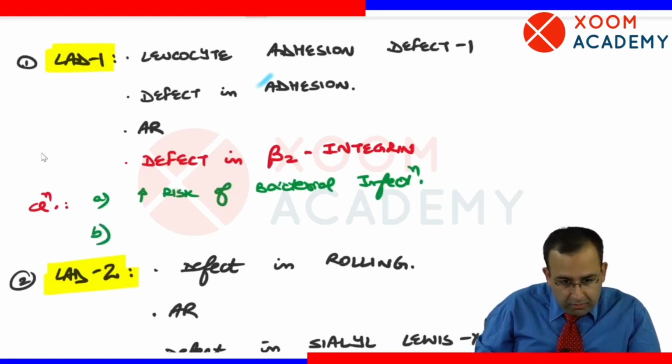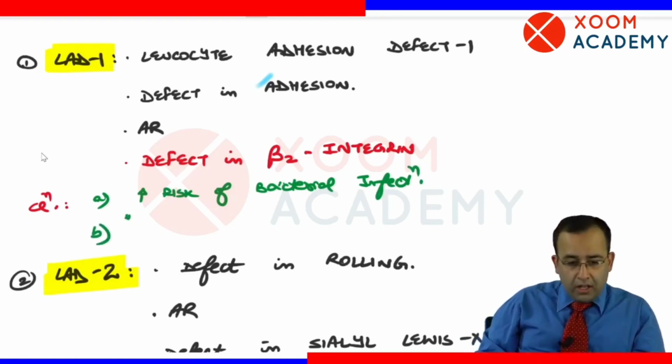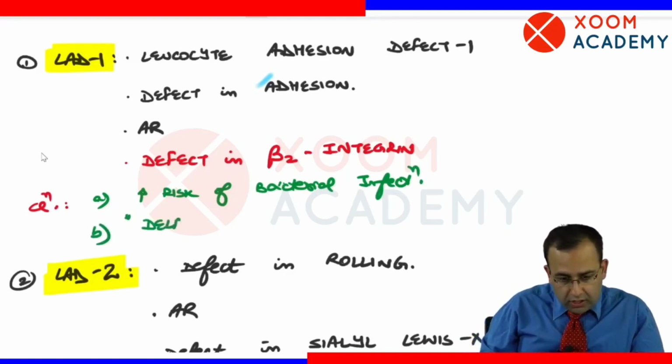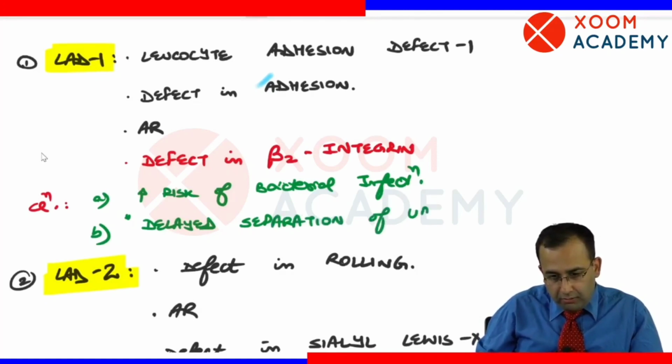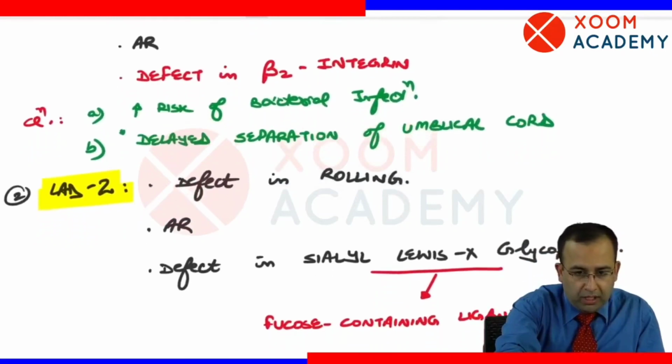What you have to remember is, put a double star: it is also associated with delayed separation of umbilical cord stump.